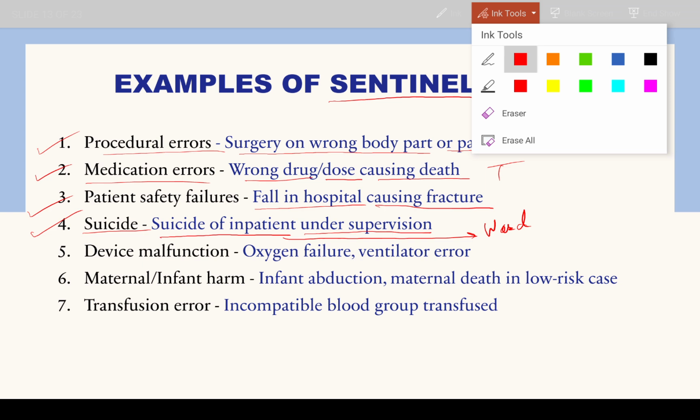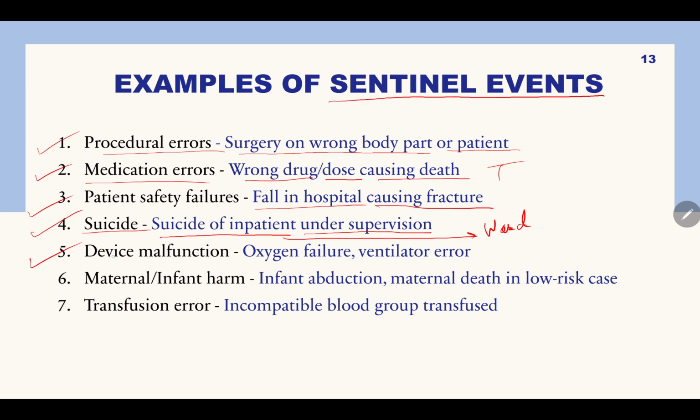The department is known as IPD. So when a patient is under supervision of doctors and security staff, and he or she commits suicide, that would be a big problem and is a sentinel event.